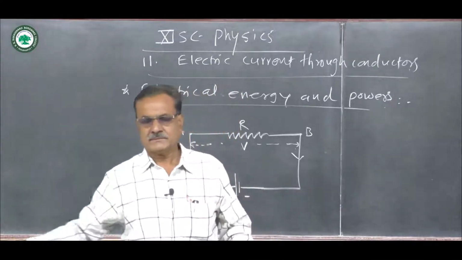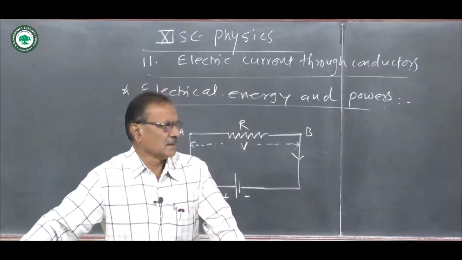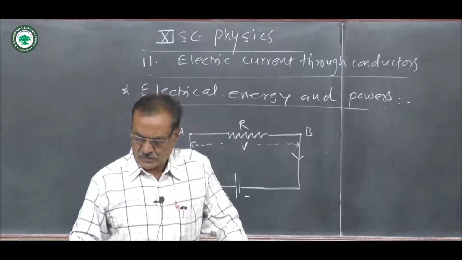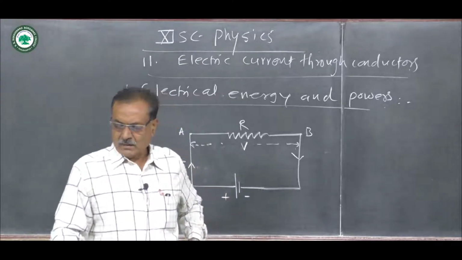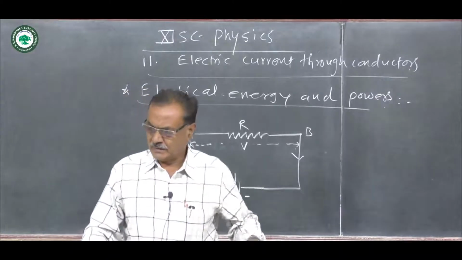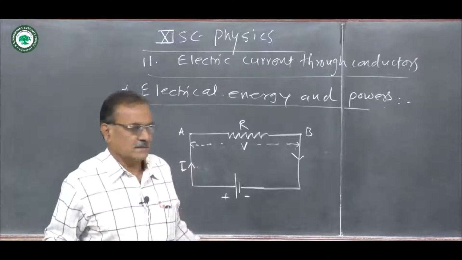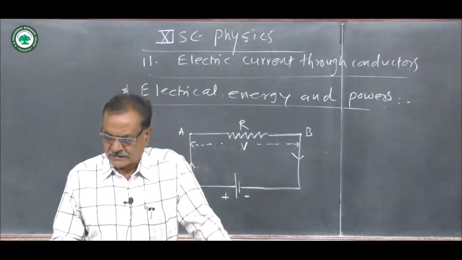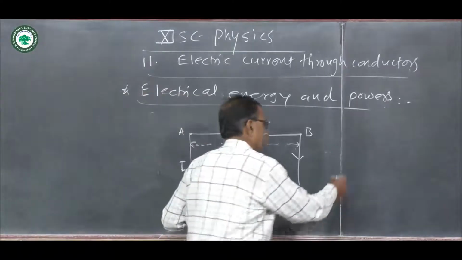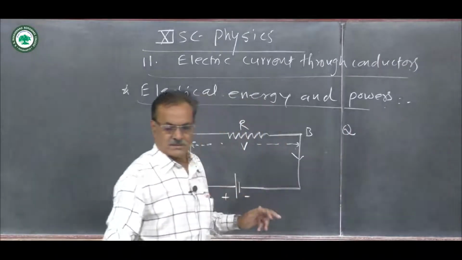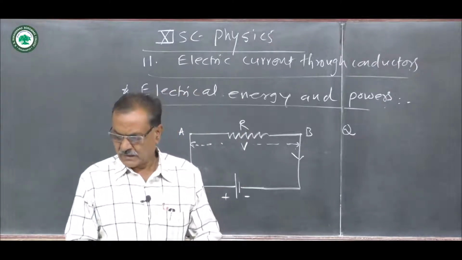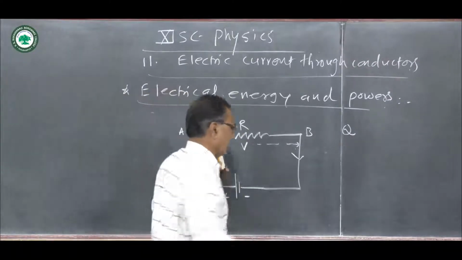Phi is the potential difference between points A and B. The cell maintains the potential difference between the 2 terminals, A and B, of the resistor. Let Q be the charge flowing through the resistor in time delta t.